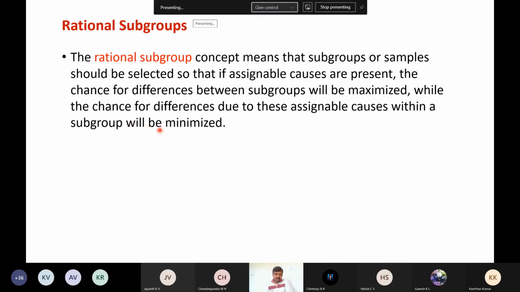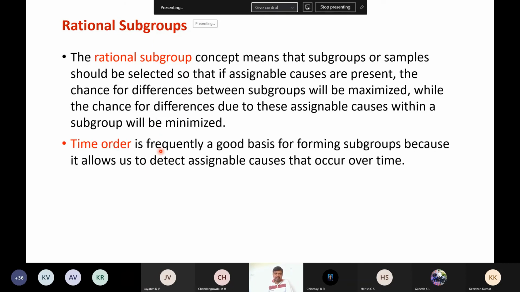This is like forming a homogeneous group where all members are alike, they have similar things, or a similar mindset. So the qualities of the samples are the same within a group. When you compare a sample in one subgroup with another subgroup, you can find a lot of differences. But the difference within the subgroup should be minimum. Like that, you have to form subgroups.